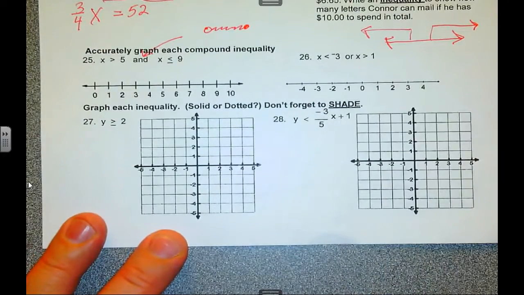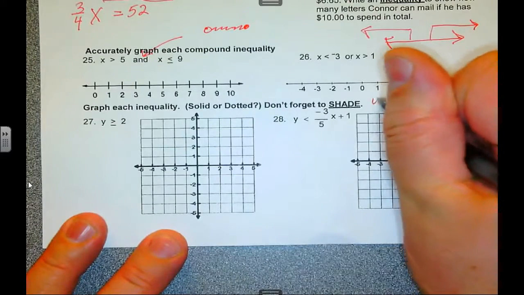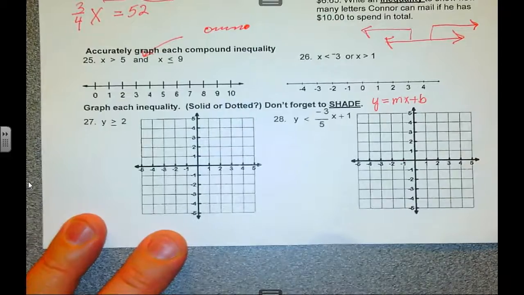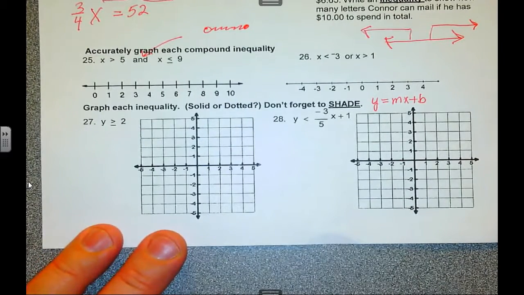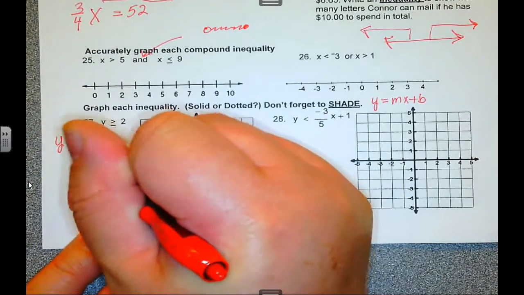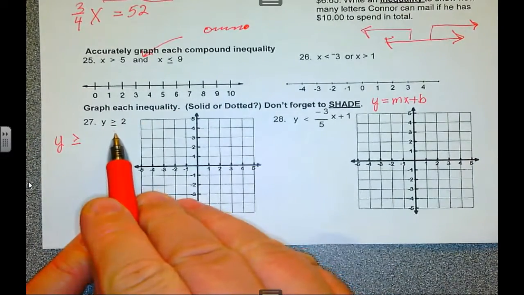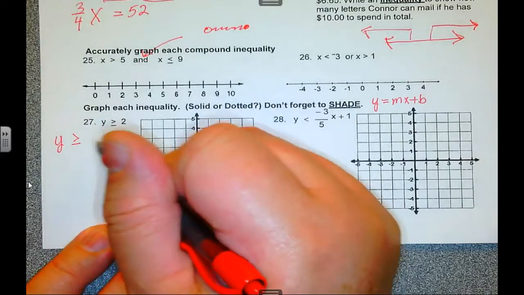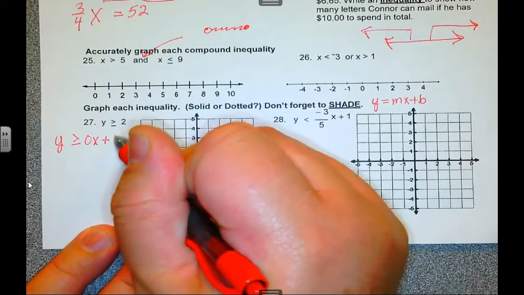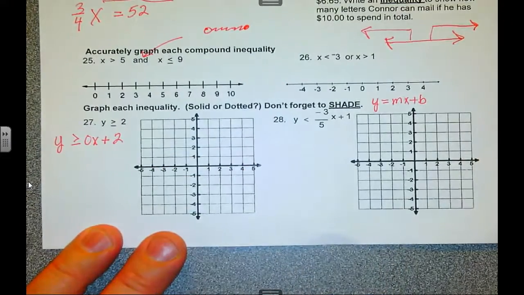Now make sure they're in y equals mx plus b form. Okay, we spend an awful lot of time solving for y too. Now, I'm going to rewrite this in mx plus b form. Here, our slope has to be 0 because it's not showing up with our 2.